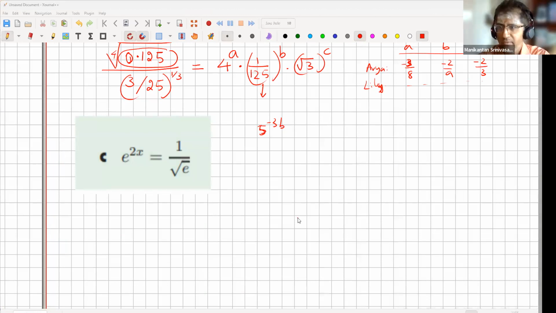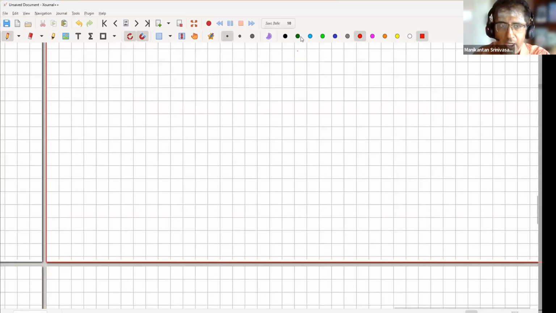Graphing. Are you guys comfortable with graphing? Can we do question 10? Okay, basic funda I'll tell you. Any exponent, just one second, I'll draw a pair of coordinates.